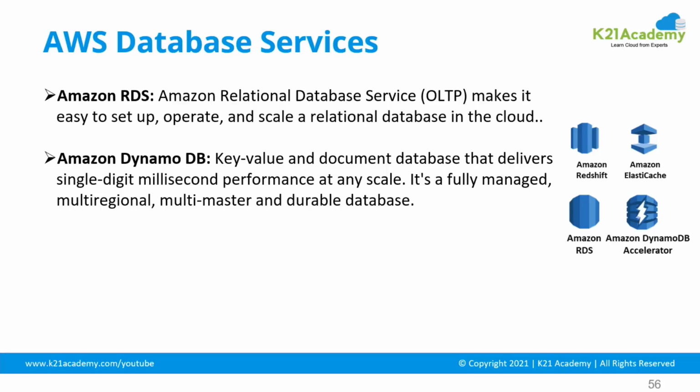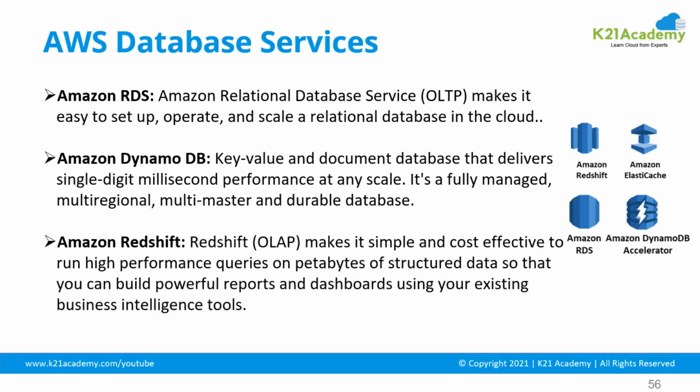Just to give an example, you might have seen on Amazon, when you shop, it fetches the data about the product description. It might be coming from a key value pair or a document database to fetch the properties of that product. So it's very, very scalable. The performance is quite fast and fully managed across multiple regions, multiple master copies and durable database. So that's Amazon DynamoDB. You can create them if you have that business requirement.